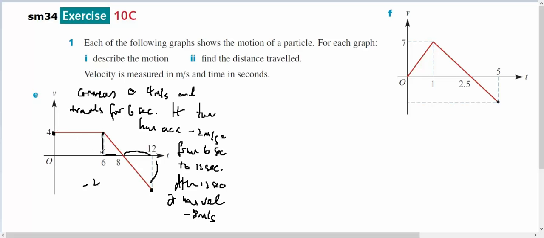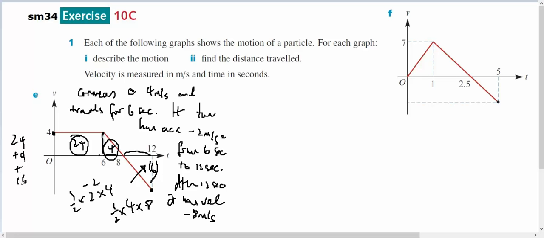Well, 6 times 4 is 24. 4 times 2 times a half is 4, and this in here is 4 times 8 all times a half, which is 16. 24 plus 4 plus 16 gives me 44 metres.